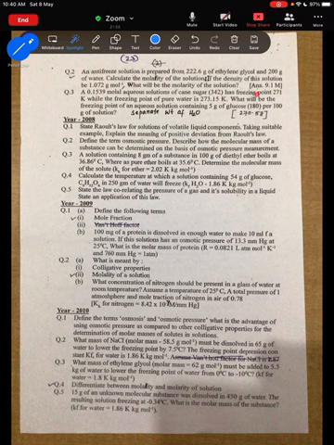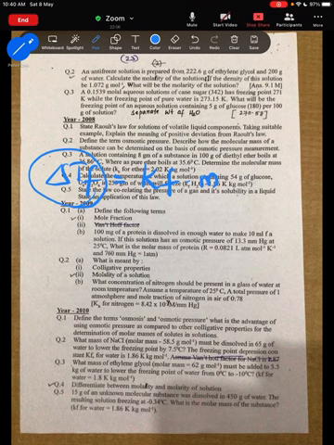Delta TF is equal to KF into molality. Delta TF is given, and molality is directly given, so you can find out Kf of water, which is not given. If you know it by heart, then it is okay. Kf you have to calculate, and using this Kf you have to find out the next portion.